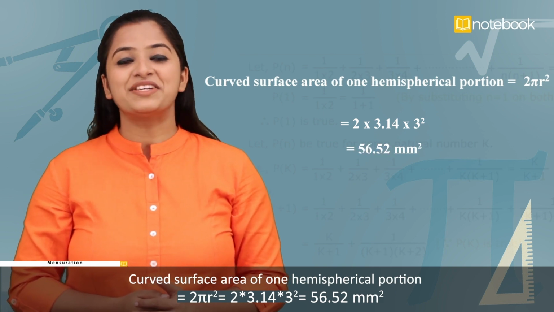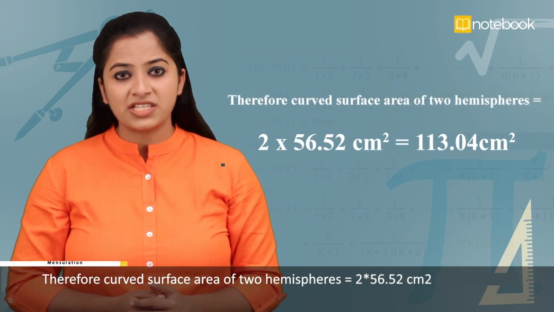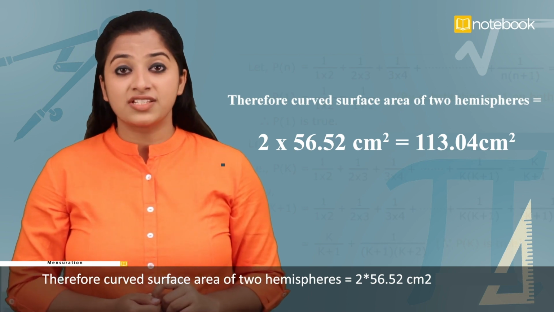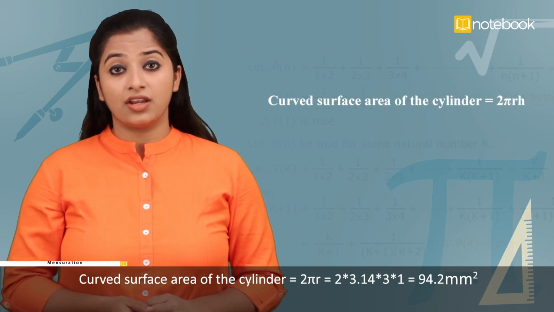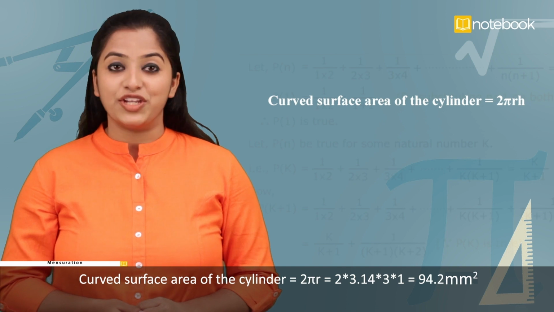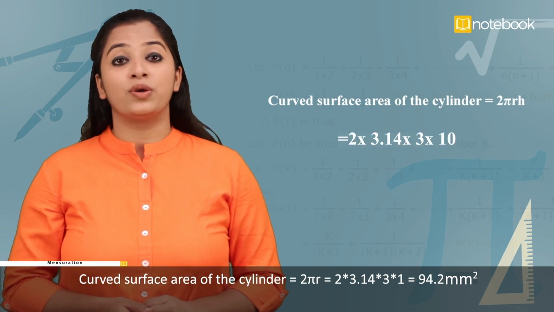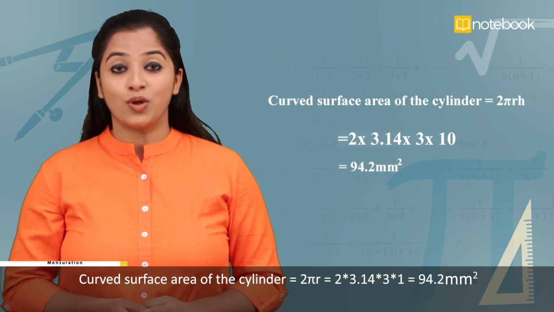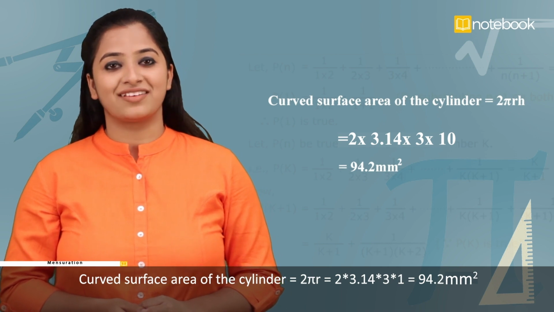which is equal to 56.52 millimeters square. Therefore, the curved surface area of two hemispheres is equal to 2 multiplied into 56.52, which is 113.04 square millimeters. Curved surface area of the cylinder is equal to 2 pi r h, which is equal to 2 multiplied into 3.14 multiplied into 3 multiplied into 10, which is equal to 94.2 millimeters square.